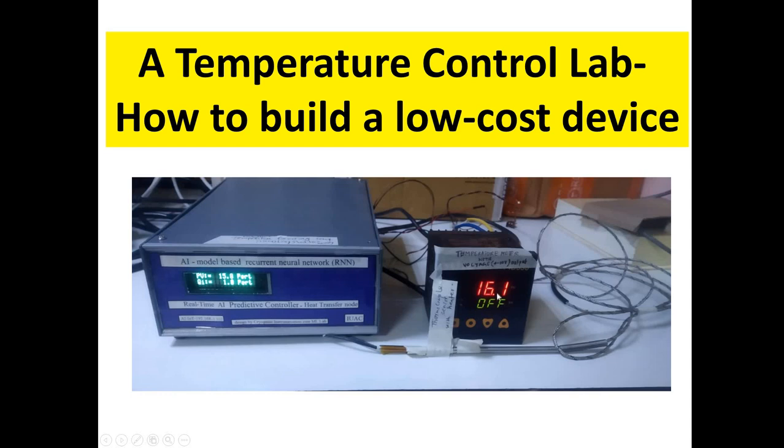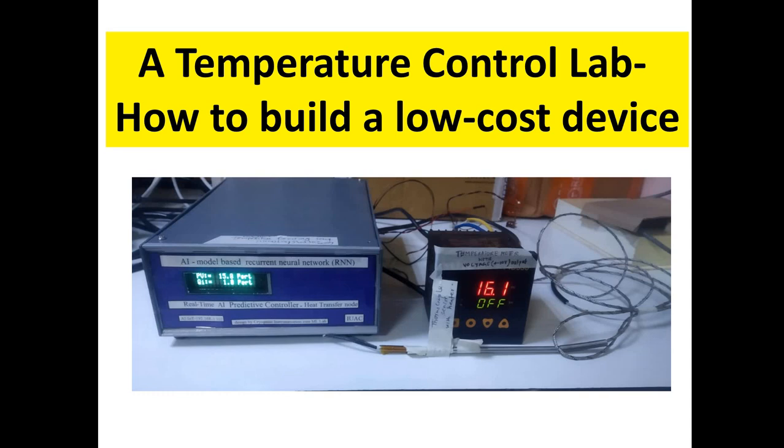This is 16.1 degrees right now. There is a small heater, the yellow one. There is a 100 ohm heater which is connected here, which can be powered at 0 volt or 5 volt or 10 volt. 0 means 0% power, 5 means 50% power, 10 means 100% power.